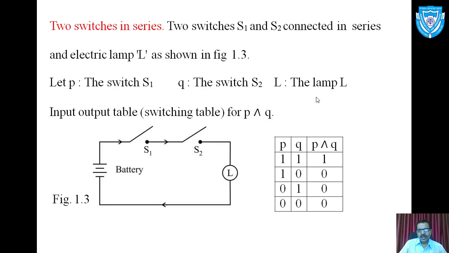Okay. Now whenever P is 1, Q is 1, P and Q, this conjunctional statement has truth value 1. Okay, and the conjunctional statement P and Q possesses the truth value 1, meaning that in the switching circuit the lamp L is in the glow state.